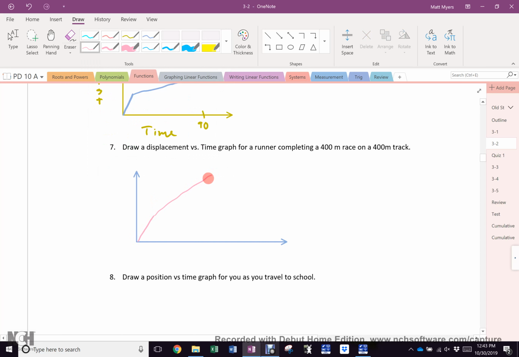When do I start coming back home? Halfway. What's half of 400? So this is going to be 200 now. I'm going to have a peak. And then what? I'm going to come home, yeah? Am I going to keep this same slope?